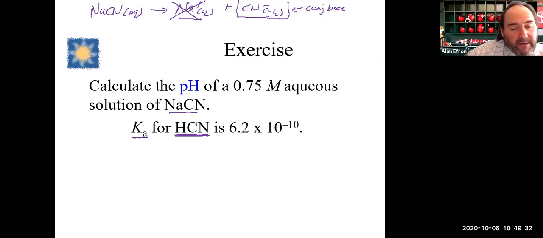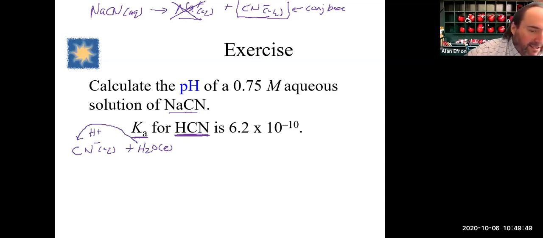So it's going to react with water, and understanding that relationship tells you what it should do when it reacts with water. And because it's a conjugate base, it will do what a base does and accept an H plus. When it accepts that H plus, it will produce where it came from, which is HCN, which always is the case.